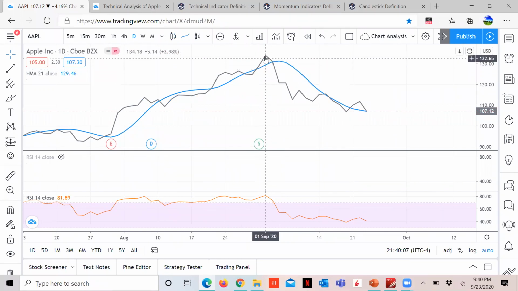The simple strategy is when the price line moves above the Hull moving average for a duration of 21, that's a buy signal. And if that price line comes below the Hull moving average, then that's a sell signal.